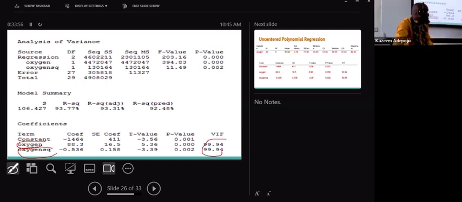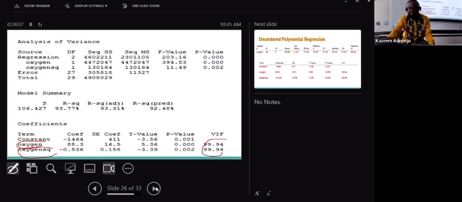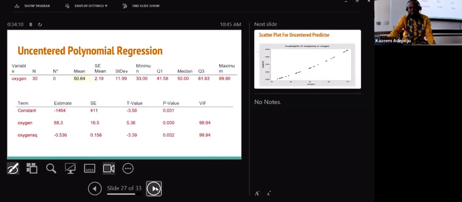Does that make sense? Okay, so every polynomial regression actually has this problem, but what can we do to correct that? I need you to pay attention right now. What we can do to correct that is what we call centering.